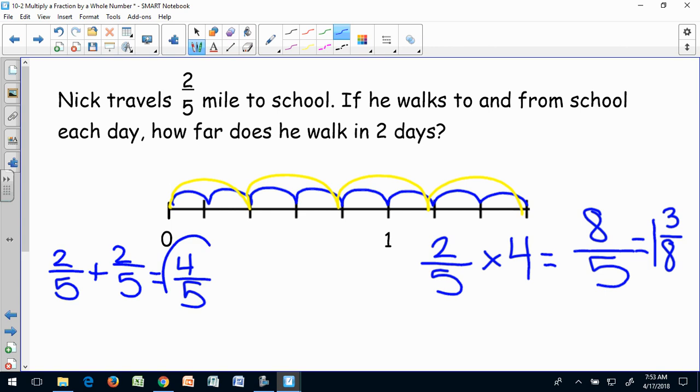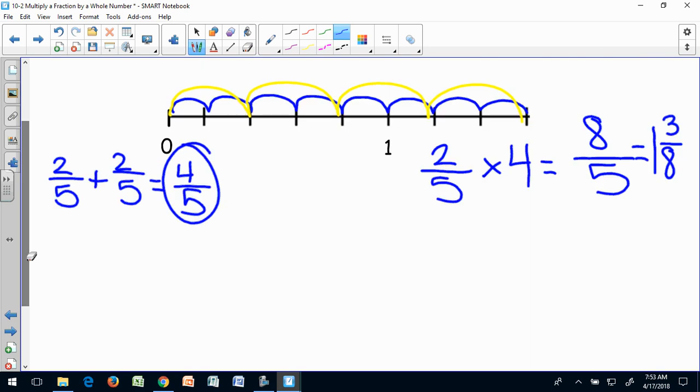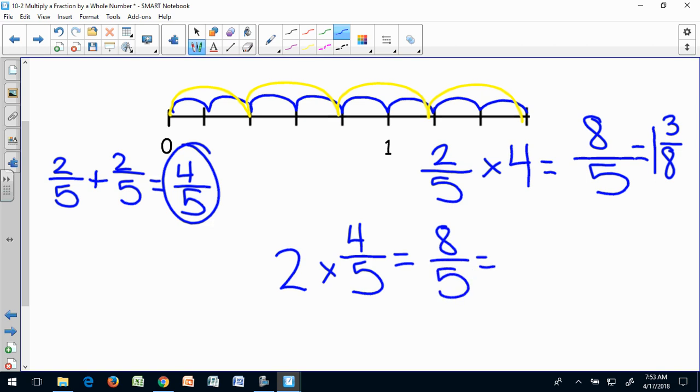Before I did the 4/5 per day, I can do that as well. My equation could be 2 times 4/5, because he walks 4/5 of a mile each day for 2 days. I get the same answer, 8/5, which I can turn into 1 3/5 mile.